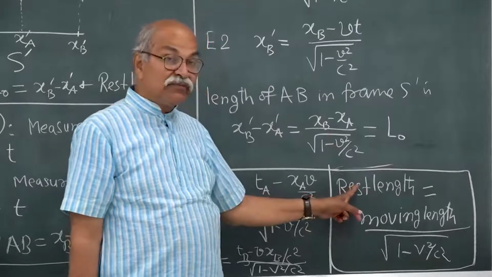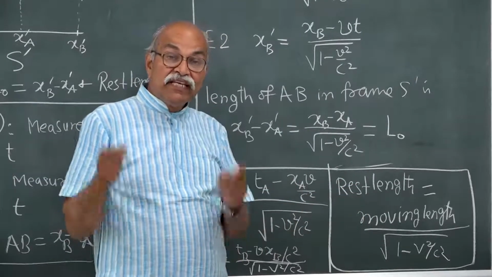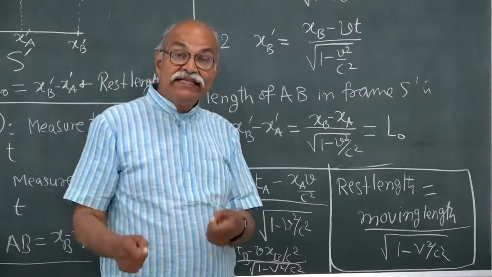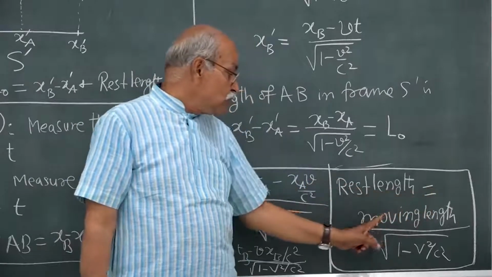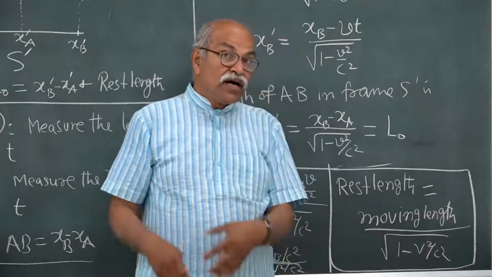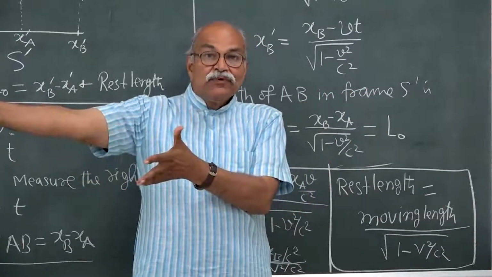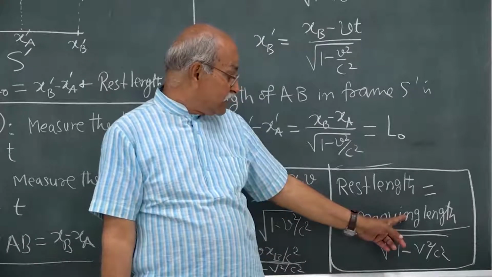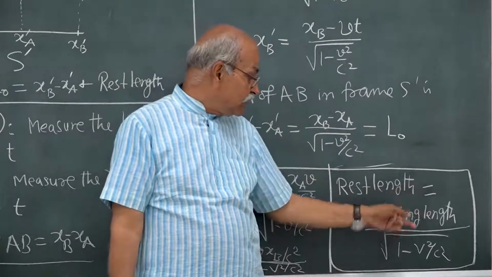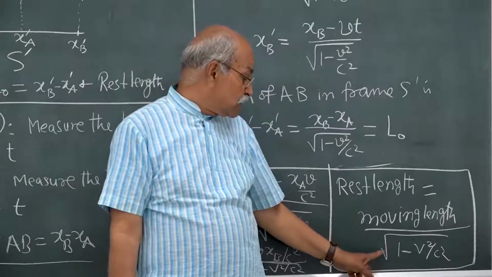Rest length means length measured from a frame in which that length is not moving, and that is equal to moving length, measured using a frame in which this length is moving with a velocity v, divided by this.